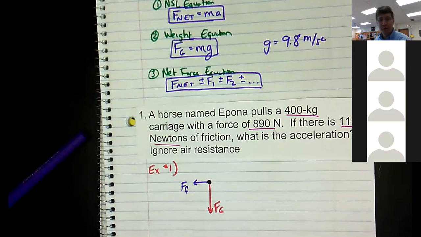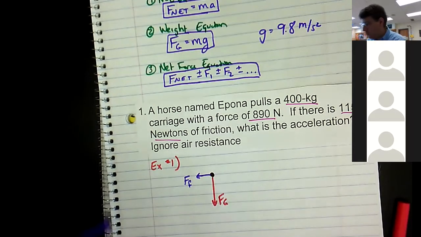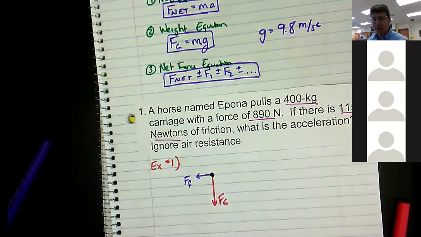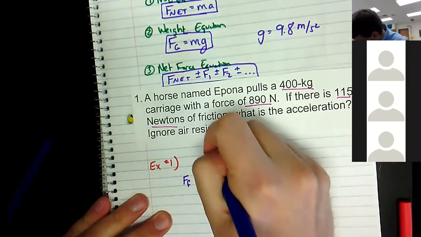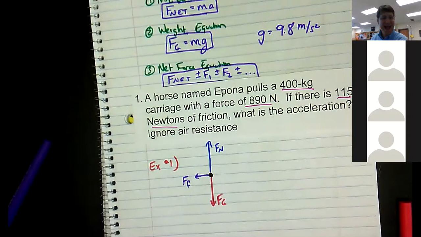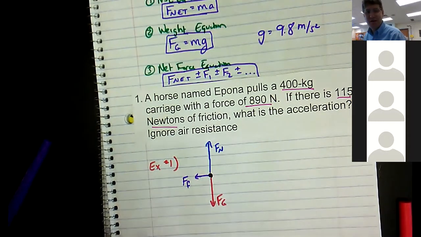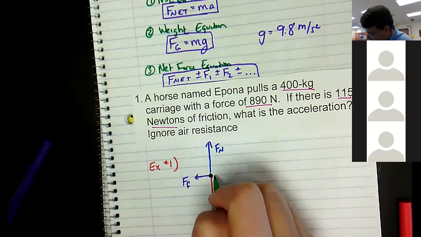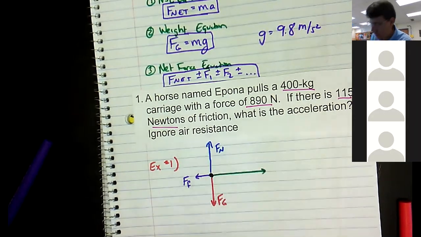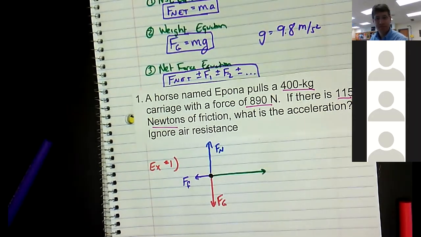Remember, Mac is right, we're going to have a normal force. Anytime you're on a surface, there's also going to be a normal force that is going to balance out the gravity. And this horse is pulling it forward. What would we call that force that's pulling it forward? Applied force. The applied force, yes.